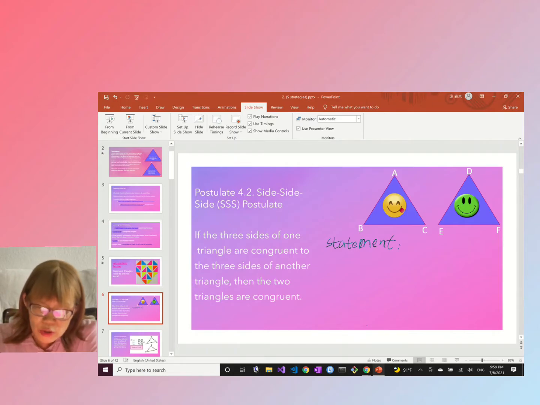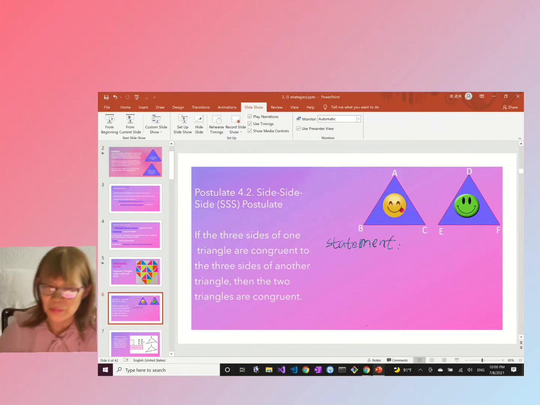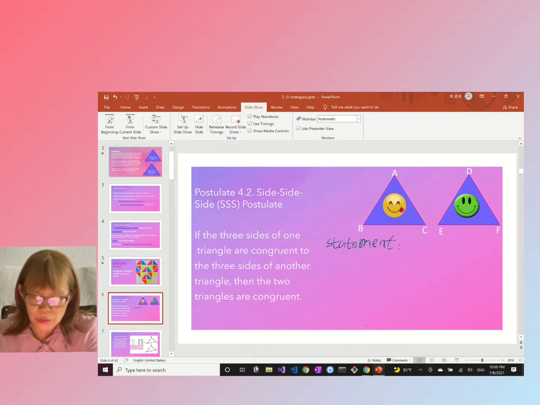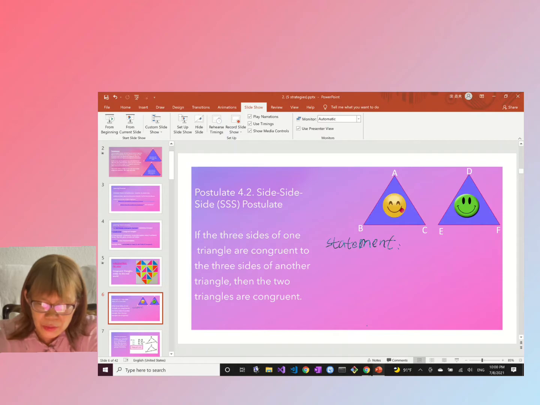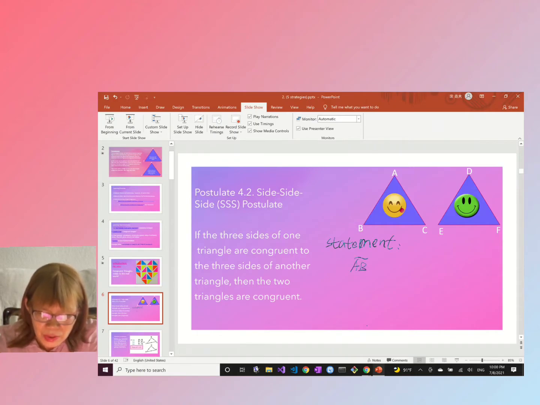The first one, triangle ABC, we just look at the first one now. Three sides of one triangle. Leslie, can you tell me the three sides of the yellow happy face triangle? Okay, so one side is AB, 7.